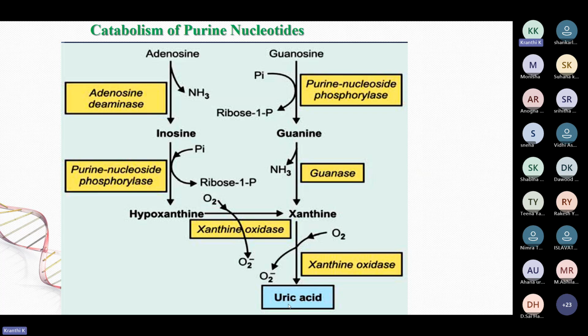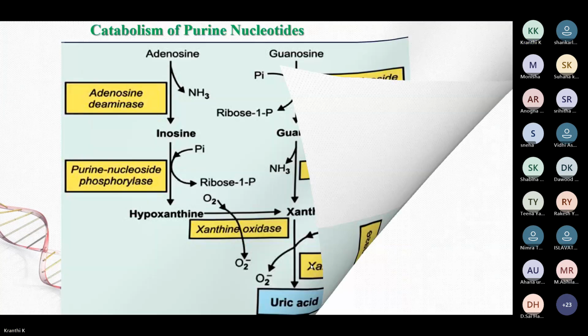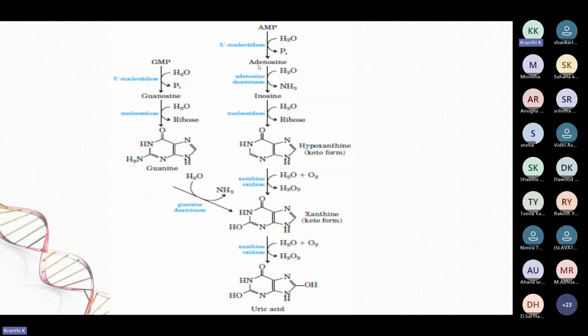So that's the reason uric acid is the end product of the purine metabolism. If you take the purine, adenosine will be converted to inosine, inosine to hypoxanthine, then hypoxanthine to xanthine, then guanosine to guanine, then guanine to xanthine. Finally, it's converted to uric acid. It's a catabolism. If you want to write all the steps in detail, you can use this one.